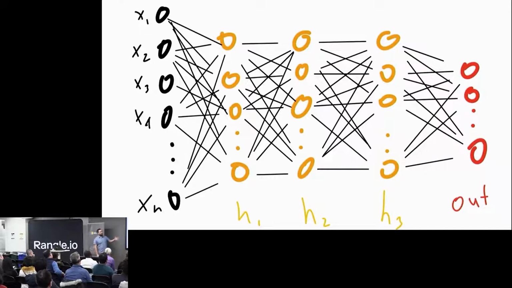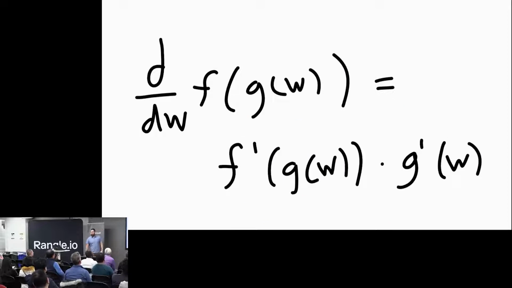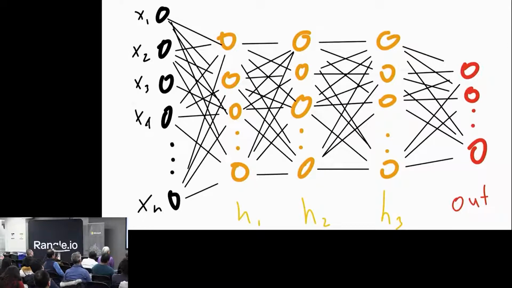How do you find the derivative of something as clunky as this? Well, there is something in calculus called the chain rule, which says that the derivative of a composed function is the derivative of the outer times the derivative of the inner. So when you look at this thing, you're basically feeding numbers to it to get an answer.